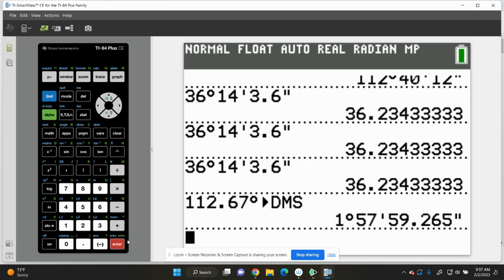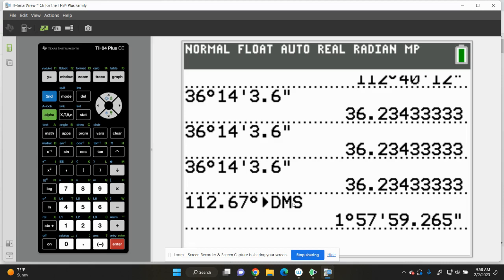Does the other direction work also? Okay, the other direction did not work. So if you're not in degree mode, you can go from DMS to degrees, which is kind of weird. You wouldn't think you could, but you can't go from degrees to DMS. So just make sure you're in degree mode instead of radian mode.